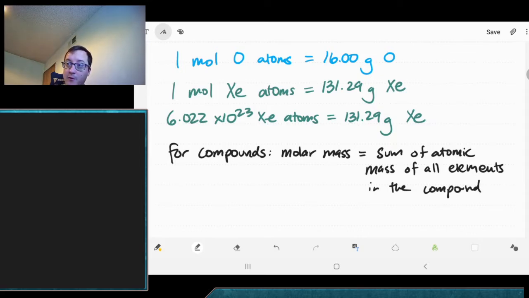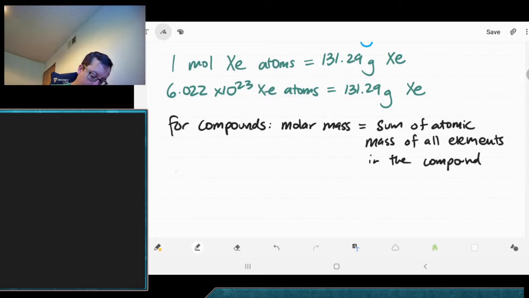So, for example, for water, that's a compound. If we want to find the molar mass of water, that's going to be the sum of the atomic masses of all the elements in there. So, we're going to need to do the mass of 2 hydrogens plus 1 oxygen.